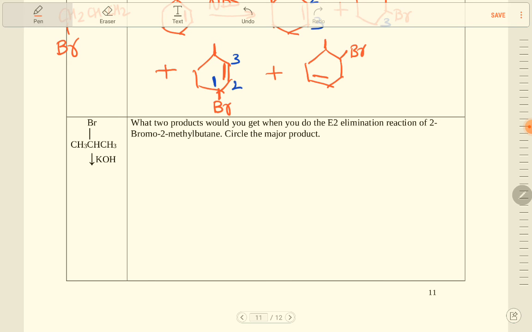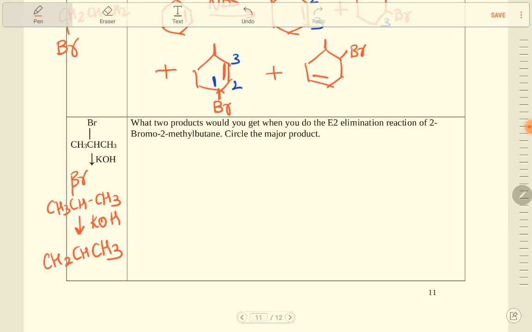What two products would you get when you do the E2 elimination reaction of 2-bromo 2-methylbutane? Circle the major product. Okay, so let's start here. CH3, CH, CH3, and this is Br under KOH, elimination product, which is CH2, CH, CH3.